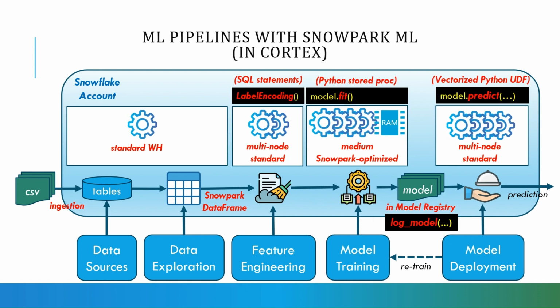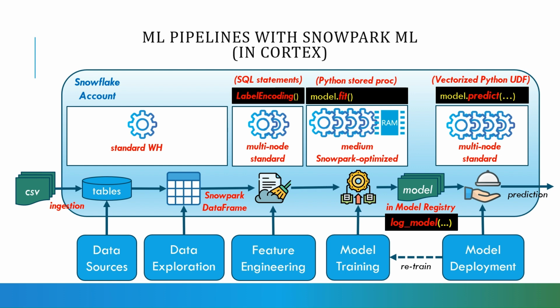What changed with Snowpark ML is that you have different kinds of processing in feature engineering and model training right now. For feature engineering, you have the data preprocessing classes like label encoding, one-hot encoding, normalizers, scalers, and so on.